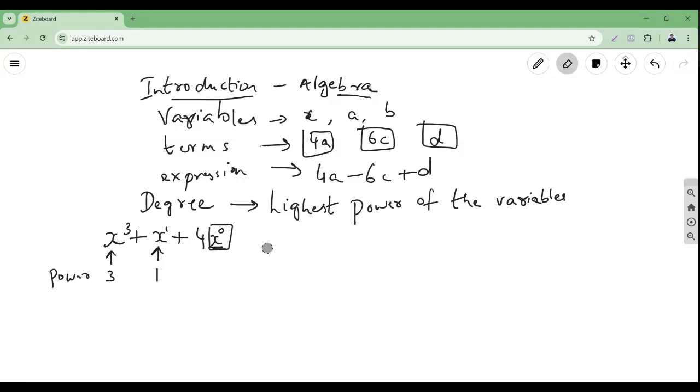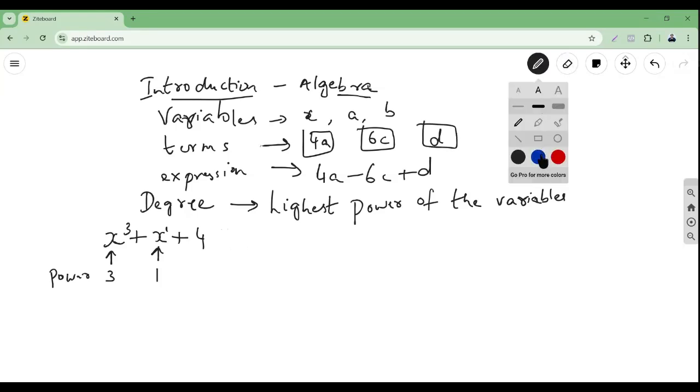4 multiplied by 1 is 4. So let me write in a different color so that I can explain that to you. If the question is given like this, you can say there is a hidden x to the power of 0. Even you can say y to the power of 0 also or z to the power of 0 also. Anything you can say. Why? Because any of these things are going to become 1, right? 4 multiplied by 1, multiplied by 1, multiplied by 1.